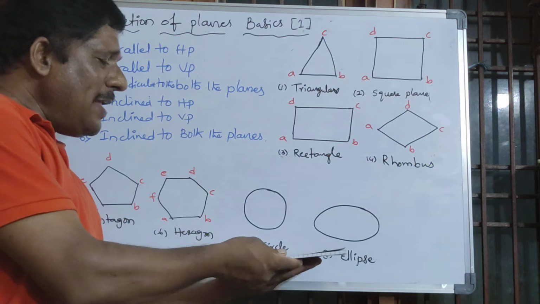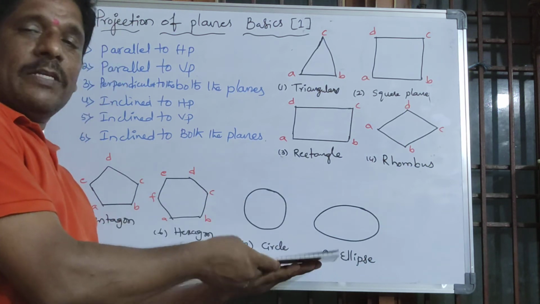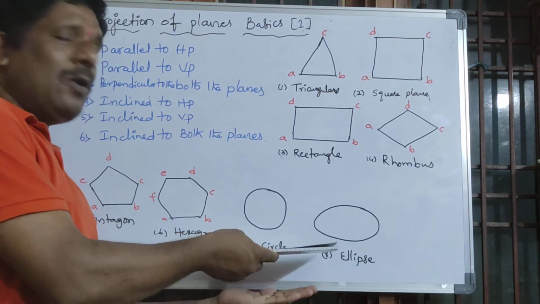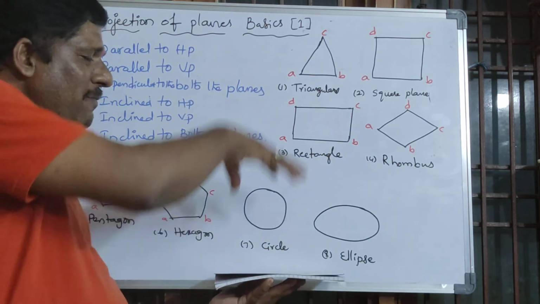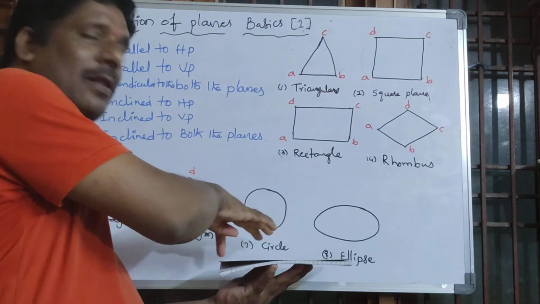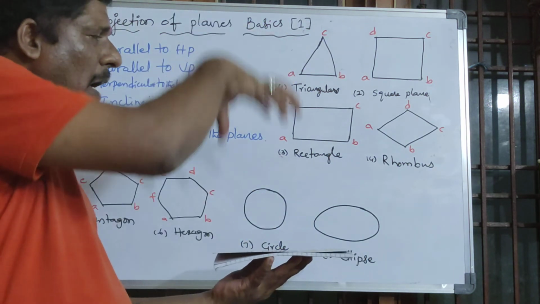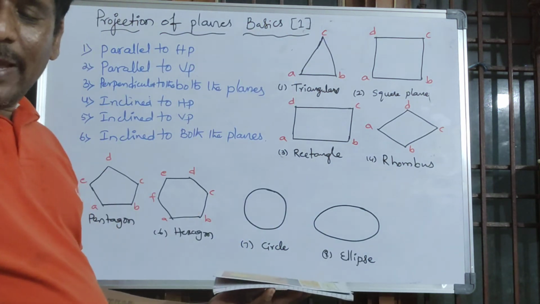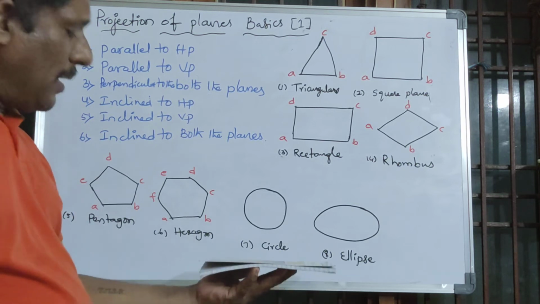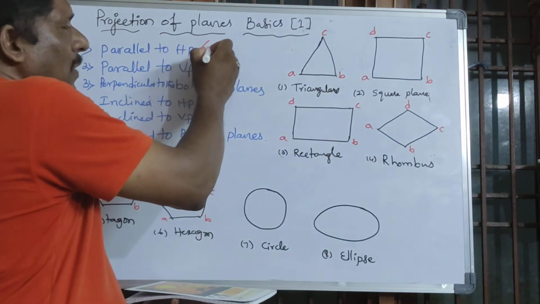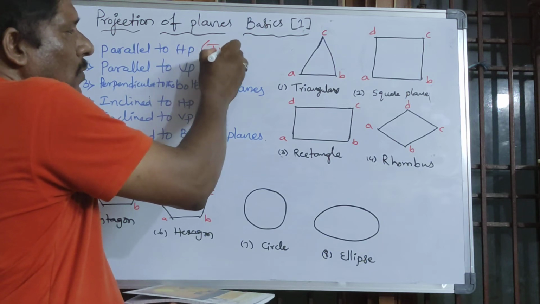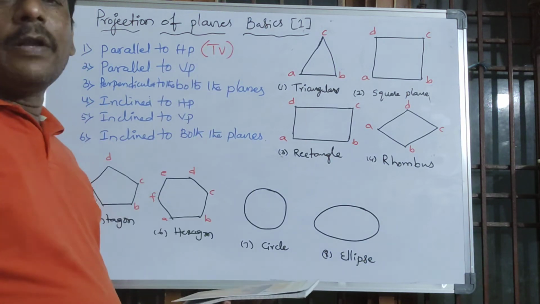When the plane is parallel, it is not on HP, it is parallel to HP. So when the plane is parallel to HP, the full view is visible from the top view.